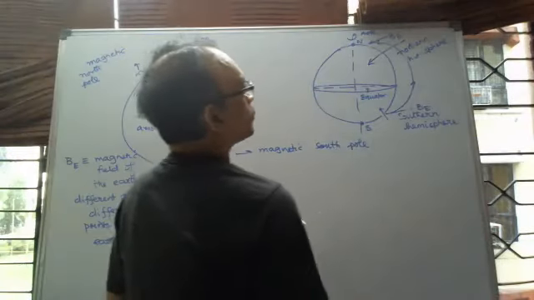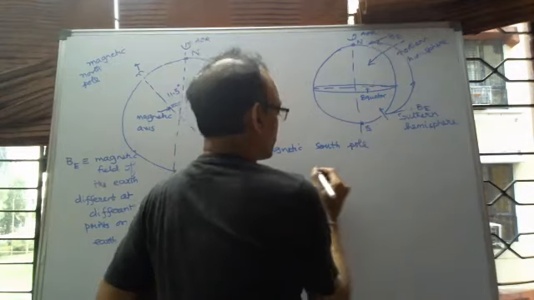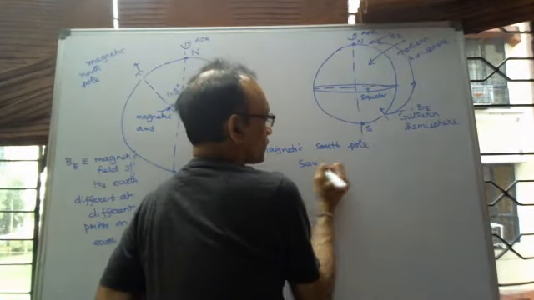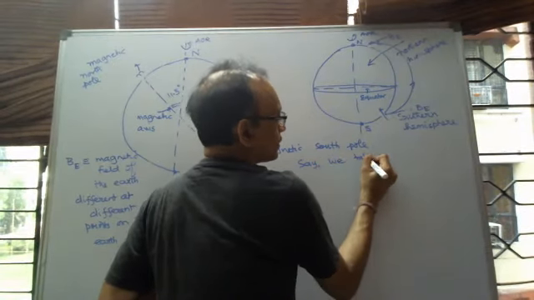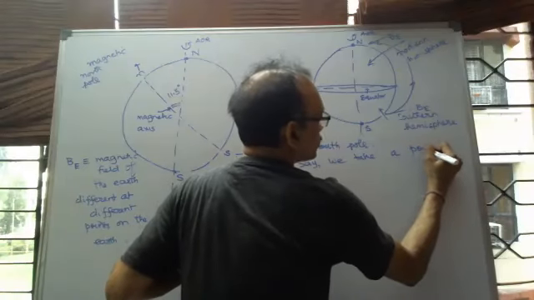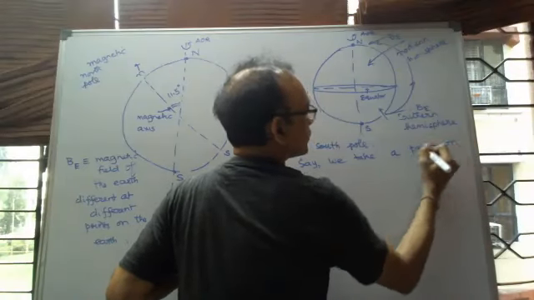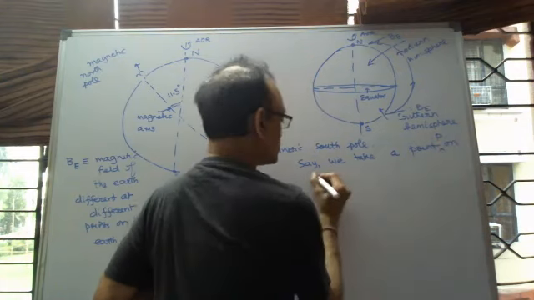Now say we take a point on the northern hemisphere, point P on the northern hemisphere.